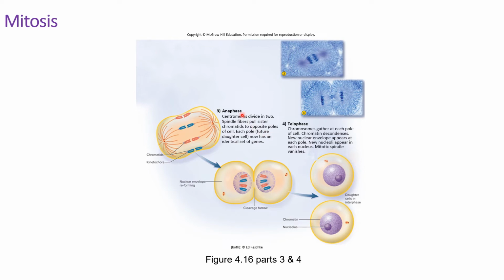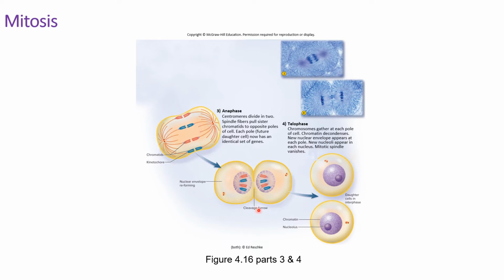All right. So here is another picture of this. Remember that in anaphase, we're pulling these chromatids. Now in this picture, it does say chromatids. Good. So in anaphase, we're pulling the sister chromatids away from the middle, and bringing them to opposite poles.